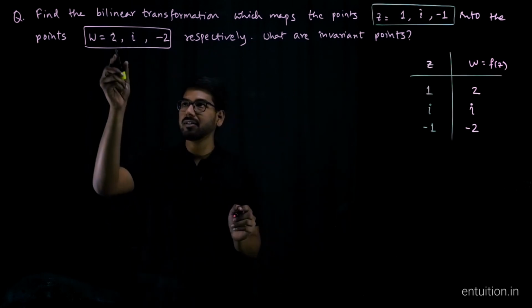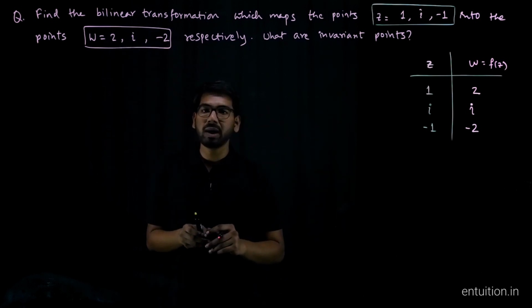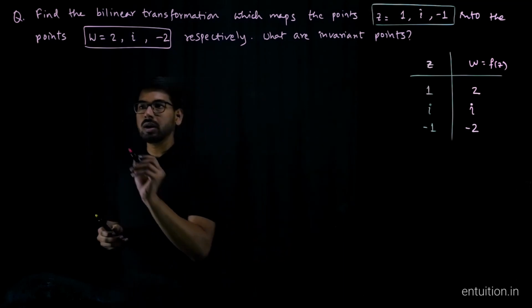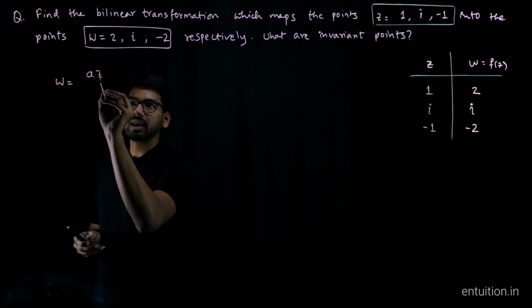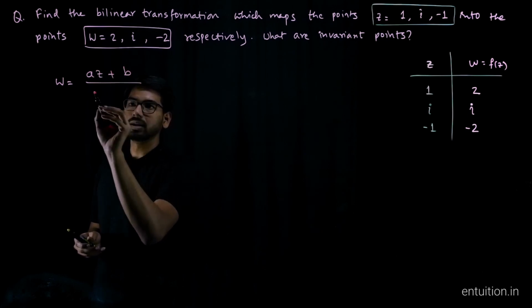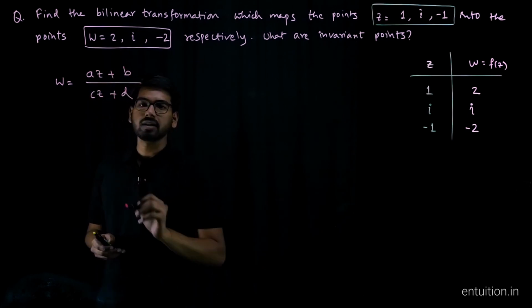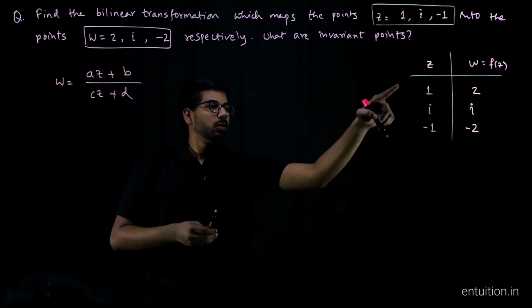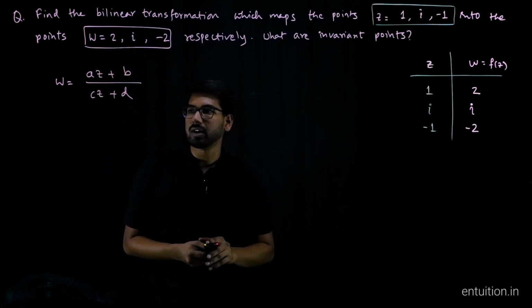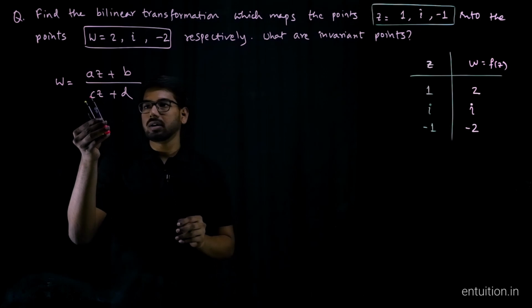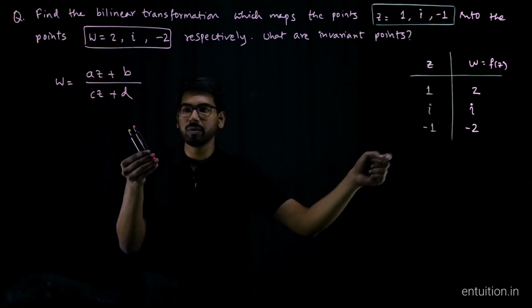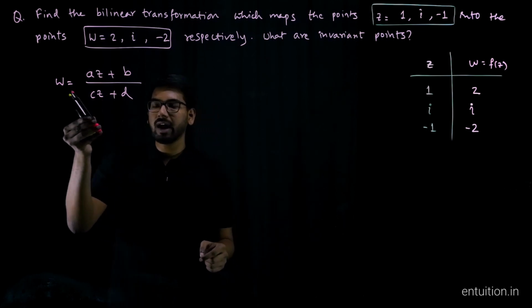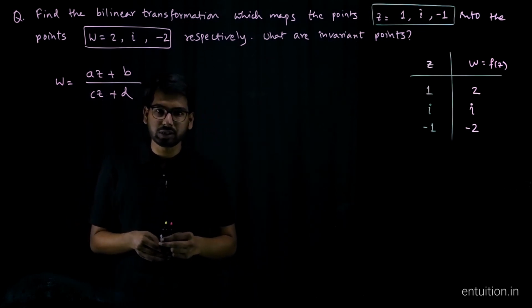So we have some information in terms of bilinear transformation. A complex function of the form w is equal to (az plus b) over (cz plus d) bilinearly transforms 1, i, minus 1 to 2, i, minus 2. So we should find a, b, c, d using this information, and substitute back, and that will be my complex function.